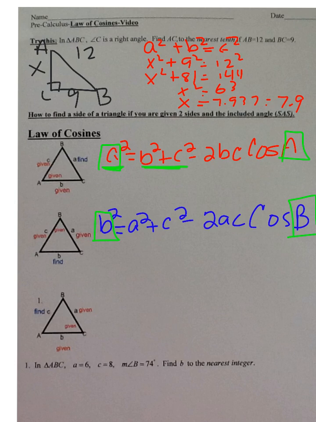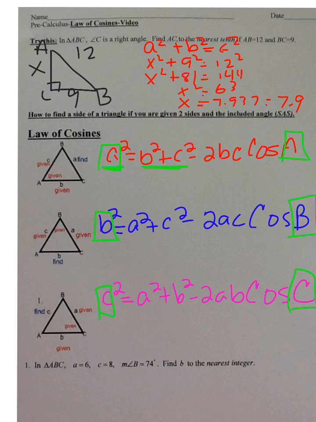So let's take a look at the next triangle. So I have triangle ABC, side A, side B, angle C, find side C. So again, that would be law of cosines, so it would be c squared equals, this time, a squared plus b squared minus 2ab cosine of angle C. And again, notice the side and the angle match up.